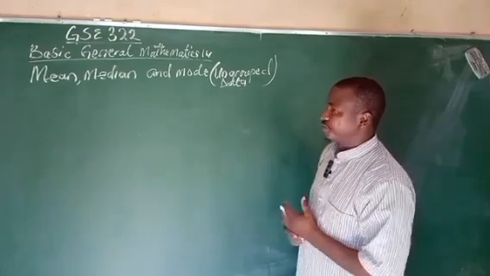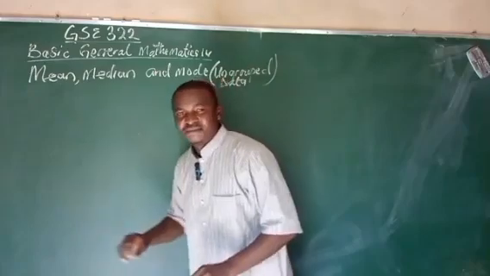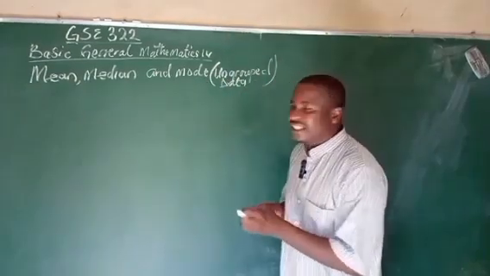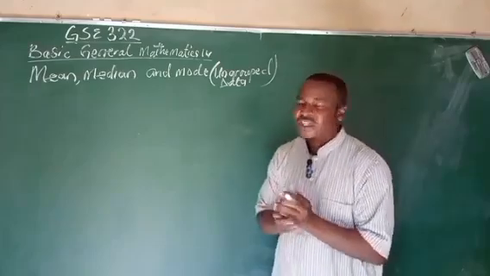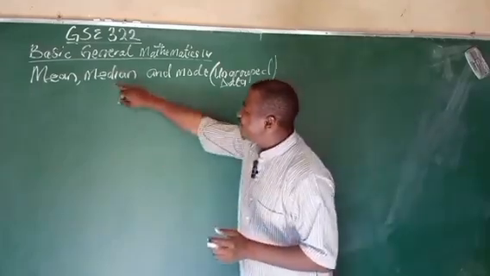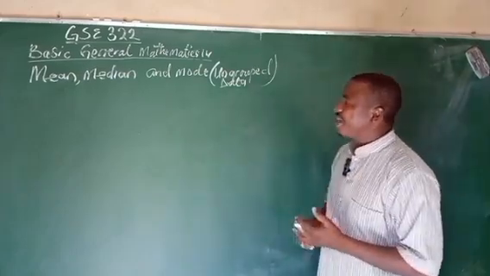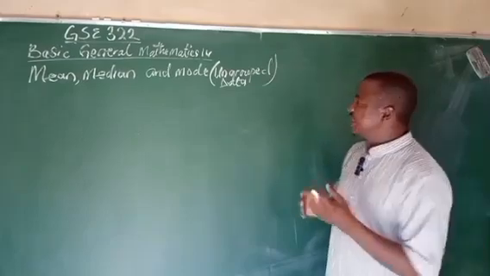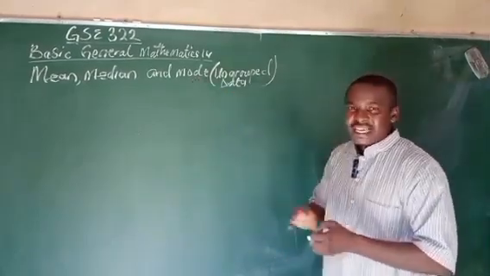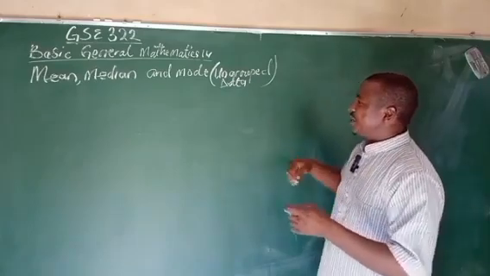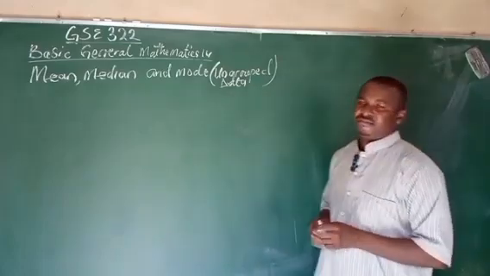So now, like I told you, mean is the average value of the given data, while median is the value at the center of the data, while mode is the value or the item that repeats itself more than one time.